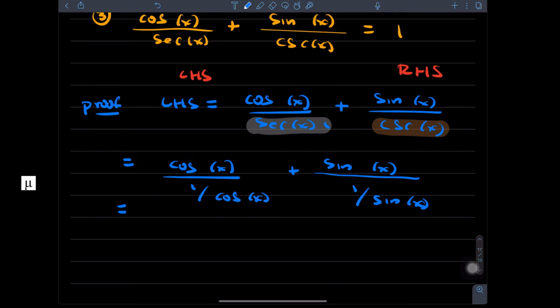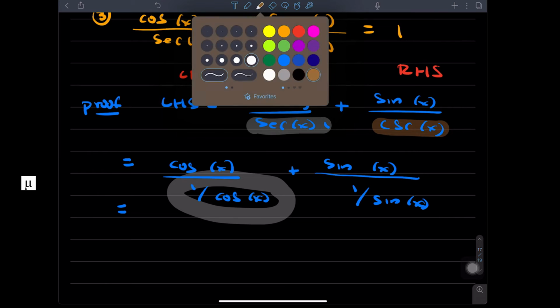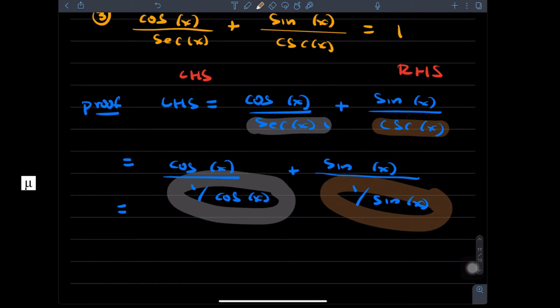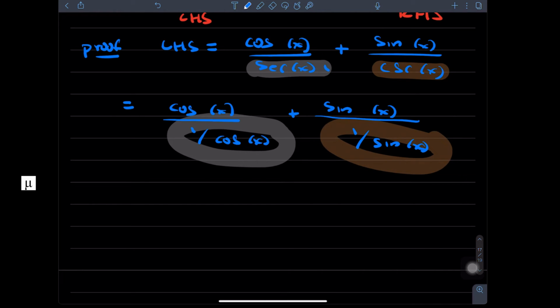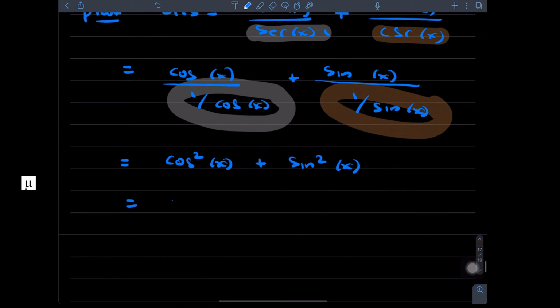Sine. So what does this give you? Cosine squared plus what? Sine squared. And then what does that equal? 1, and that is your right-hand side.